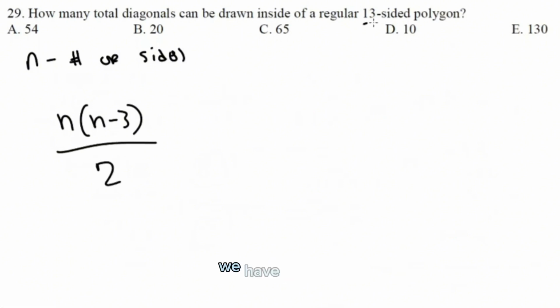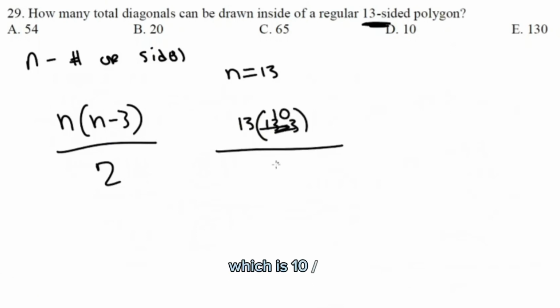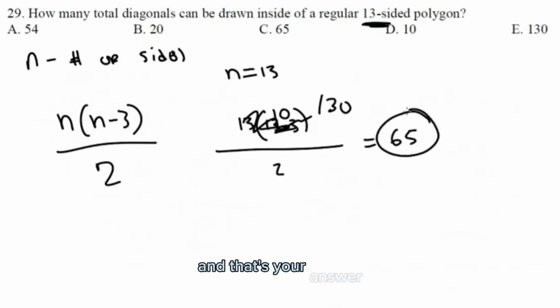In this case, we have 13 sides, so n is equal to 13. So if we substitute 13 in for n, we get 13 times 13 minus 3, which is 10, divided by 2. 13 times 10 is 130. 130 divided by 2 is 65, and that's your answer.